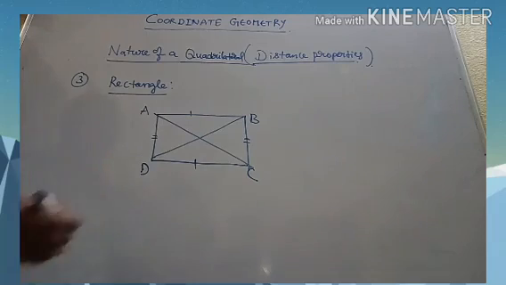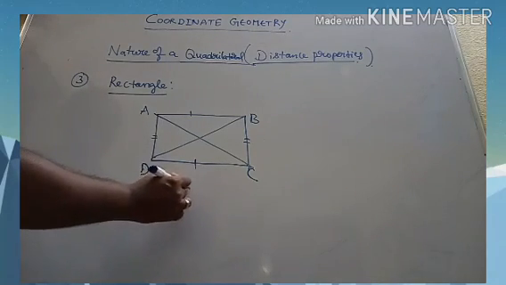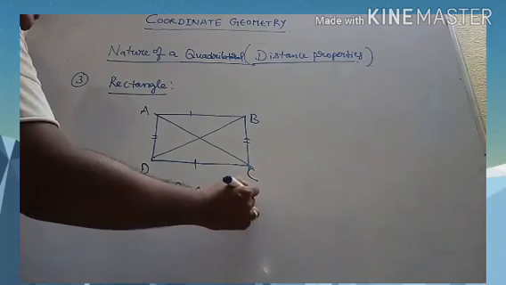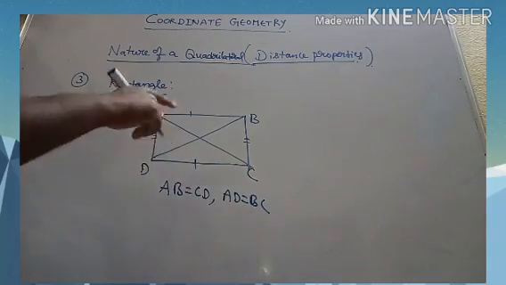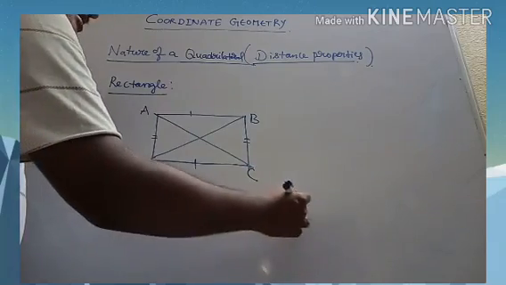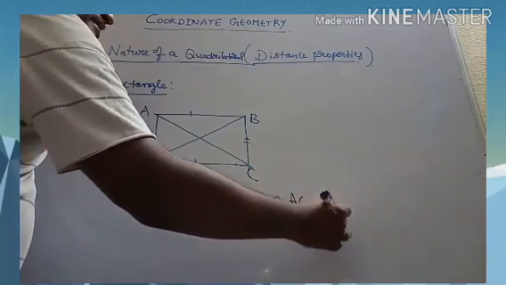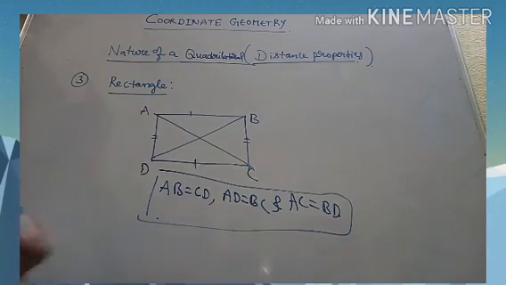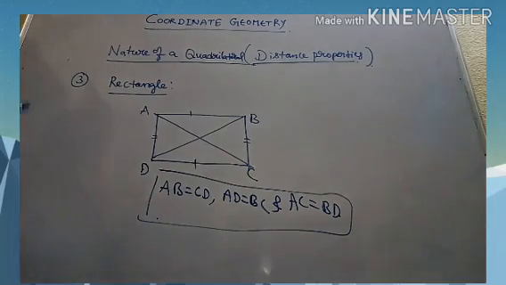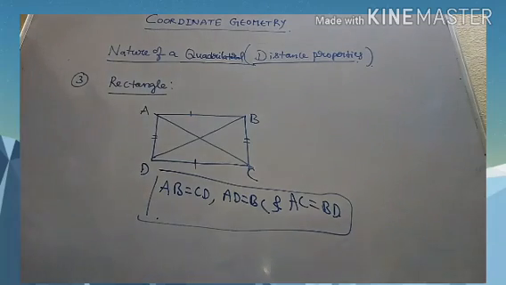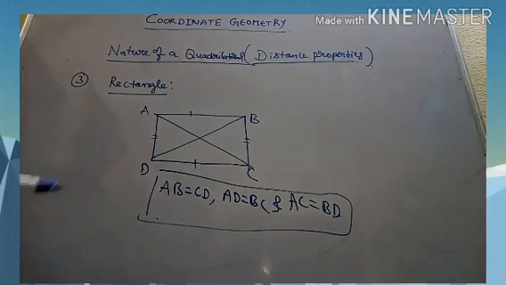That means AB equals CD and AD equals BC, the opposite sides are equal, and you have to prove the diagonal lengths are equal, AC equals BD. This is what you require to prove, right? If you prove opposite sides are equal and the diagonals are equal, then it becomes a rectangle.